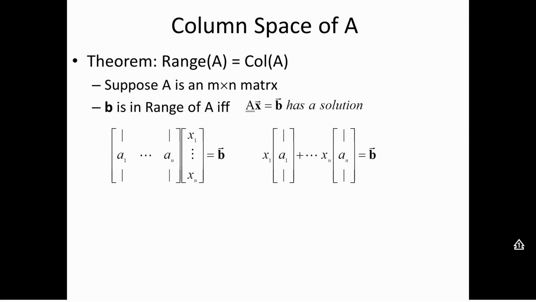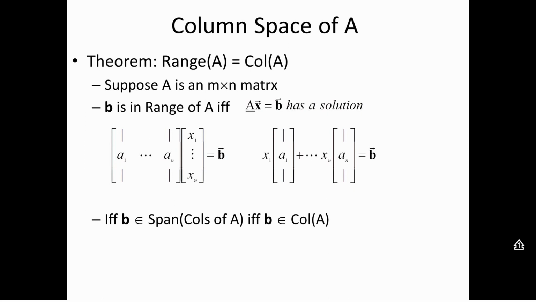So now you can see very clearly that b is a linear combination of the columns of A. Therefore, this is true if and only if b is in the span of the columns of A, which is true if and only if it's in the column space of A, because that's what the column space of A is, by definition.